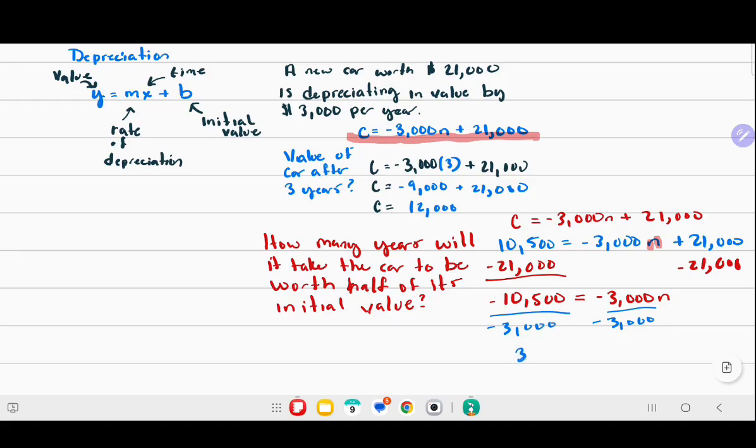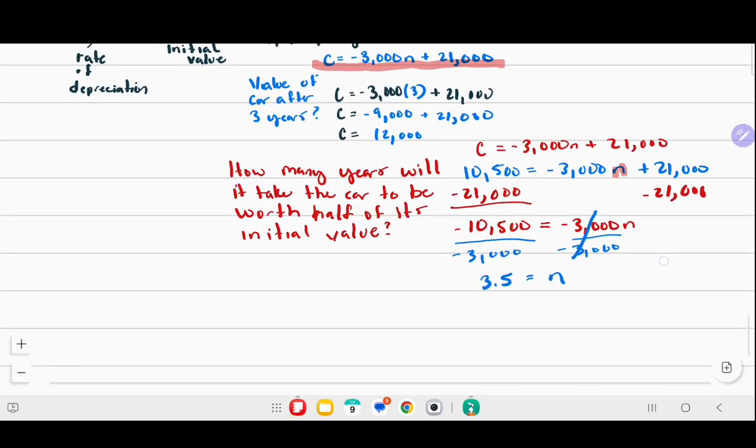We get 3.5, and the negative and negative cancel out. The negative 3,000 cancels over here. So it'll take 3.5 years. And that's the work we have to do for it.